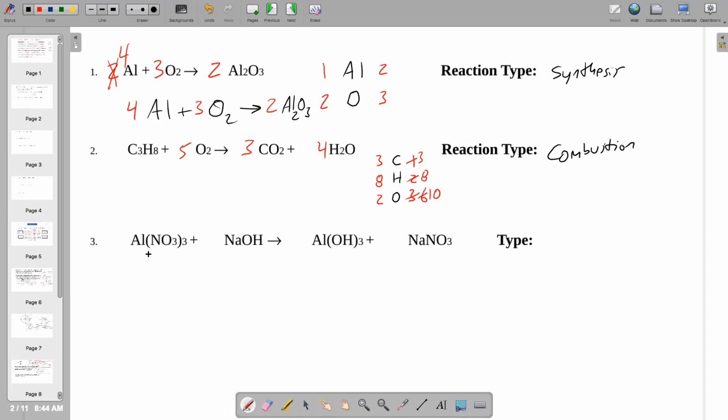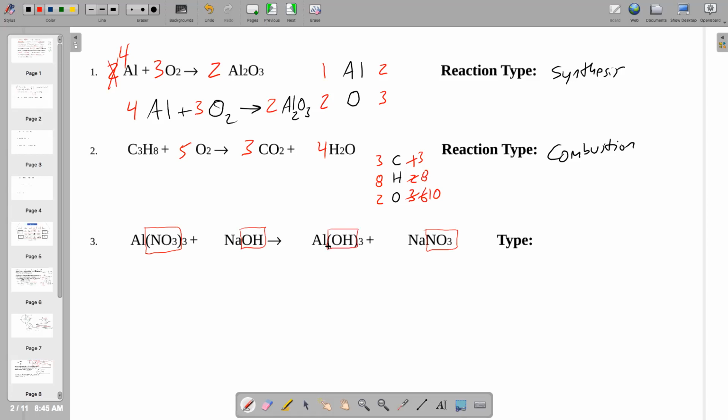All right, number 3, you've got aluminum nitrate and sodium hydroxide making aluminum hydroxide and sodium nitrate. Here's a trick with double replacement reactions. You see how there's oxygen in the nitrate, and there's also oxygen in the hydroxide. A smart thing to do is to identify that there's this NO3 on the left, there's also an NO3 on the right, and there's also an OH on the left and an OH on the right.